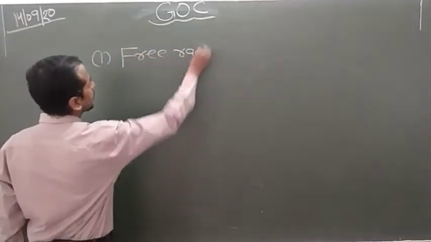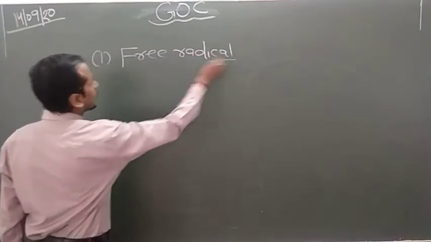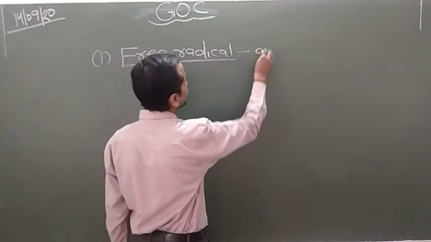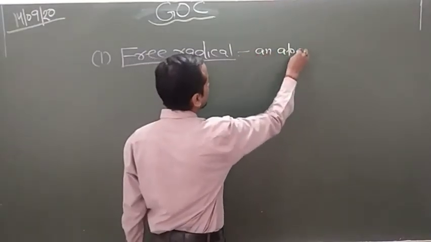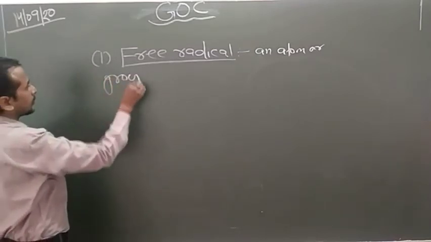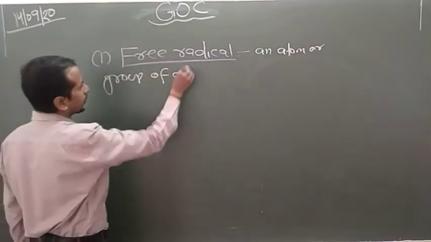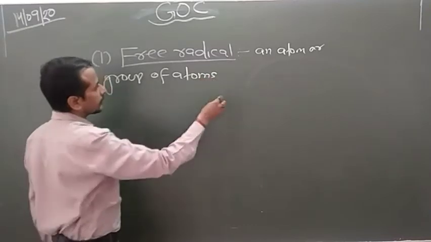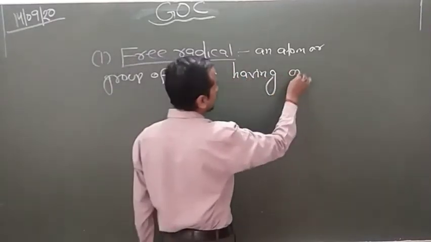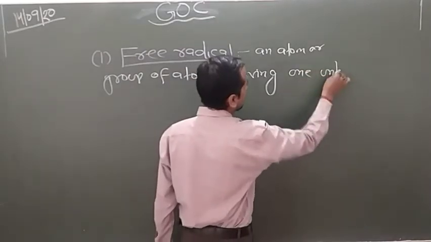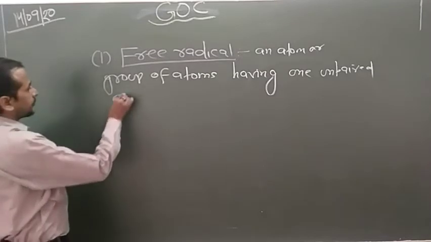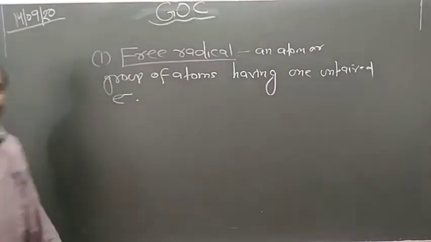A free radical is defined as an atom or group of atoms having one unpaired electron. This will be defined like this.